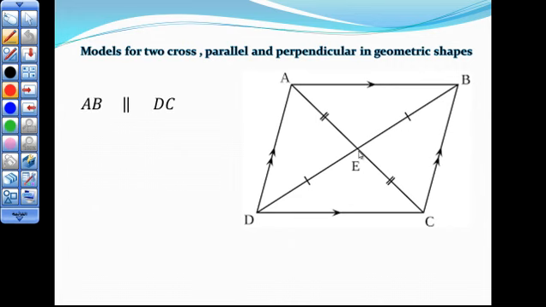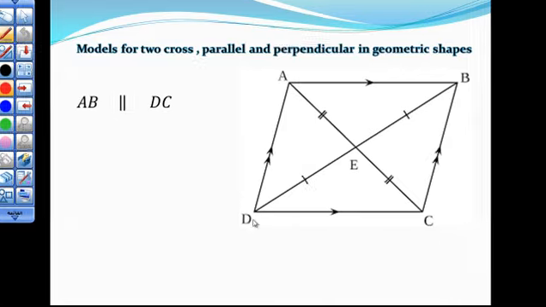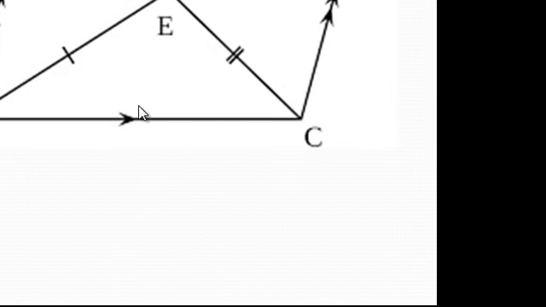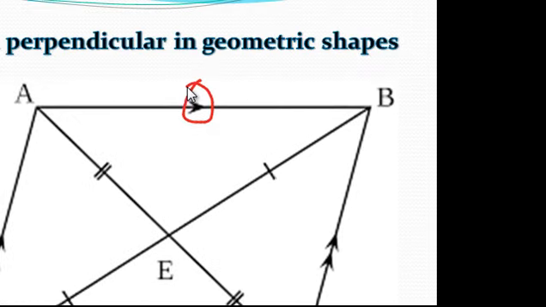Now I'm going to ask you, can you see the line segment AB? Parallel to what? Parallel to DC, and they have the same sign on them. AB parallel to DC.